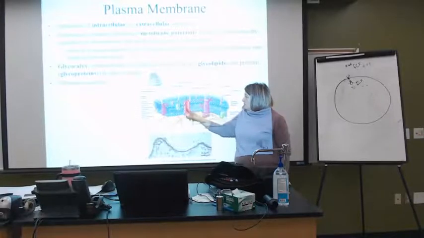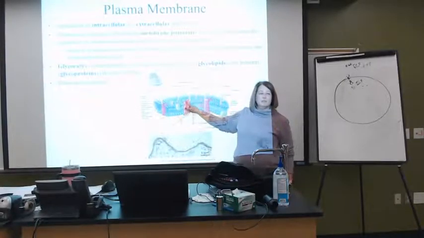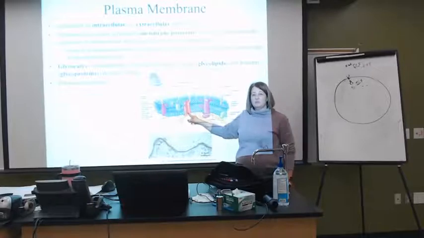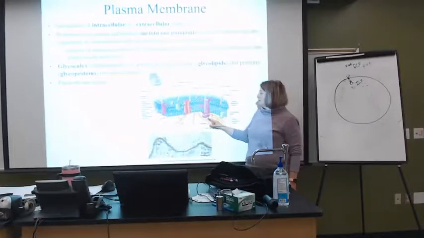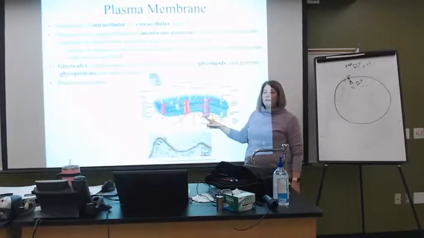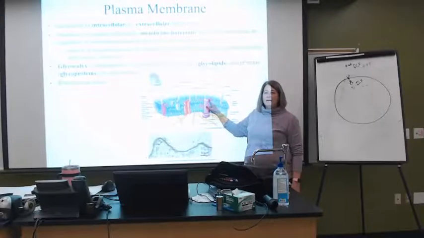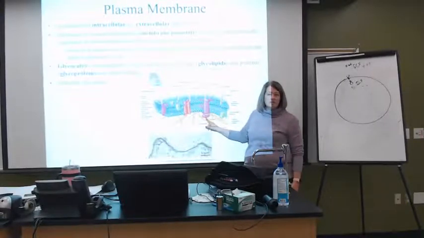Then they're showing me I have a protein that looks like it's got a channel down through the middle of it. Then I've got a protein that looks like it's got some on the inside, some on the outside. Are you seeing how there are different proteins that are found?